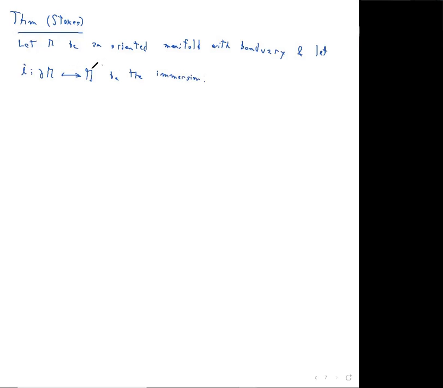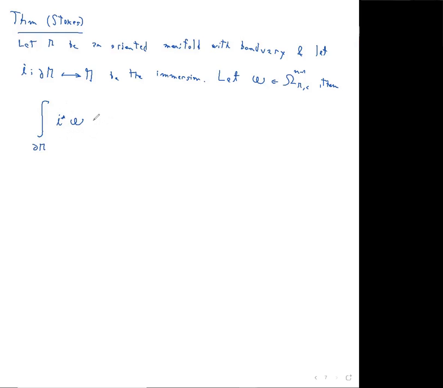Okay, so this is just the thing itself. And now we take a compactly supported n-1 form on M, and you get this nice thing, which is the theorem: if you integrate I star of omega, which, observe, is an n-1 form on the boundary of M, which you can just think of as omega restricted to the boundary.